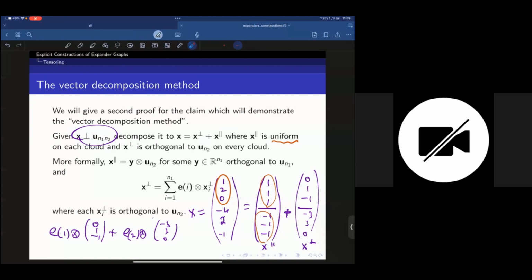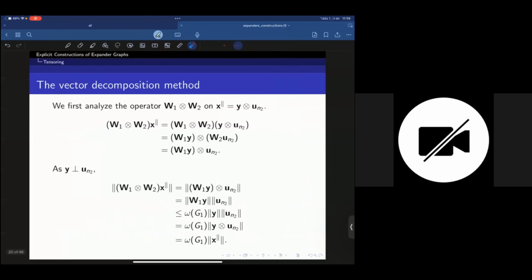Every cloud has a number. I'm not looking at the individual numbers within a cloud. So y holds this information. Nothing really interesting happened between the clouds, but in each cloud you store the information. We will think about it, and after the break, we will start proving the Yarden's lemma.